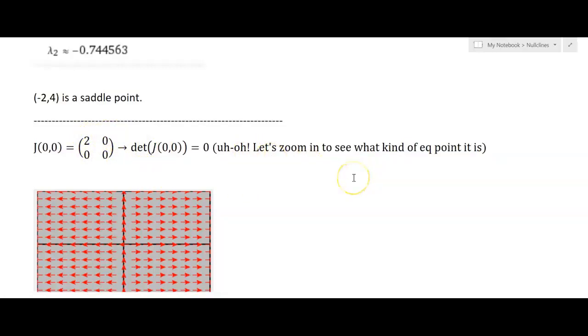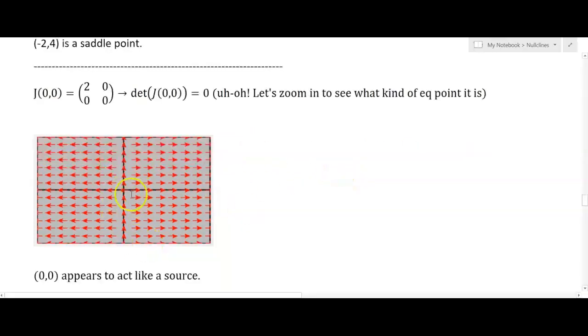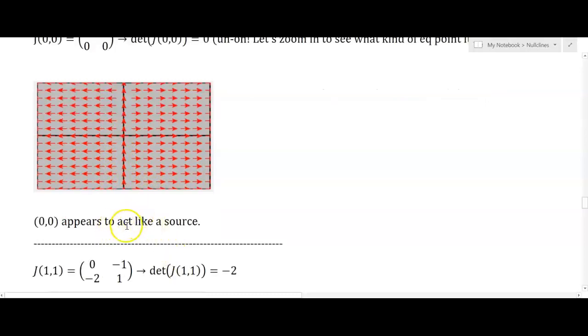We can't proceed to find the eigenvalues because we failed part of the theorem, so the theorem is inconclusive. One thing we can do is zoom in and see what's going on. If we look at the phase plane near (0, 0), we see that the points are moving away from (0, 0), and so it appears that (0, 0) is acting like a source.